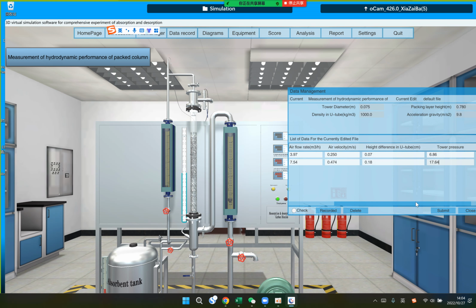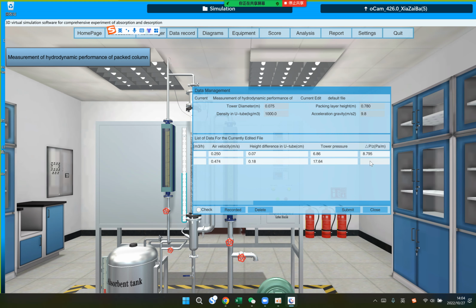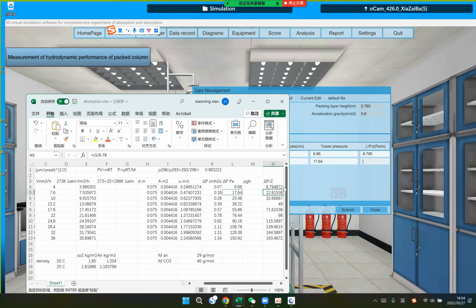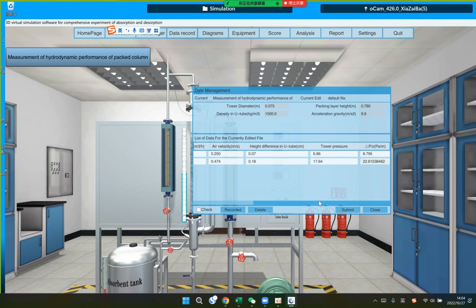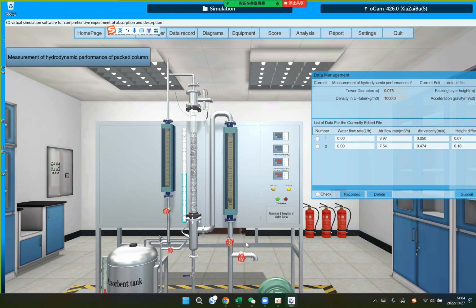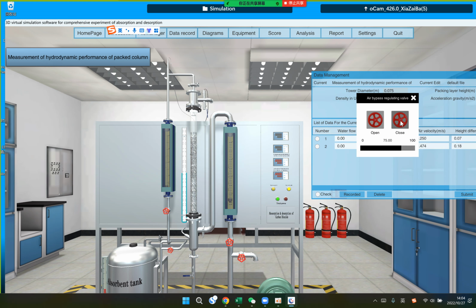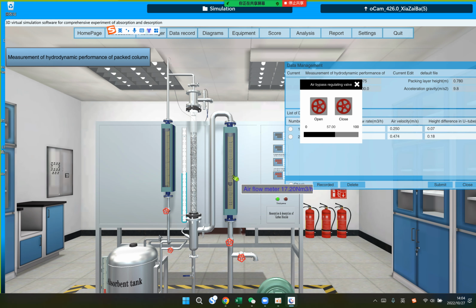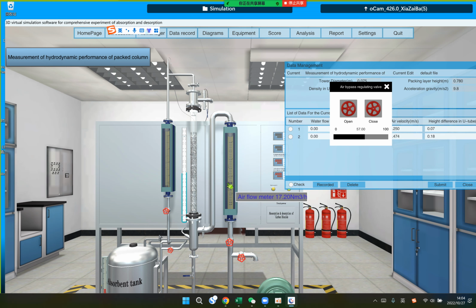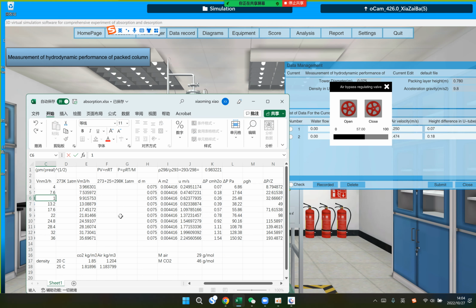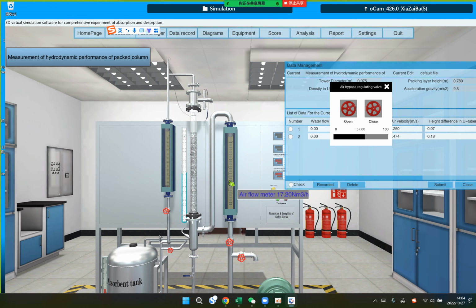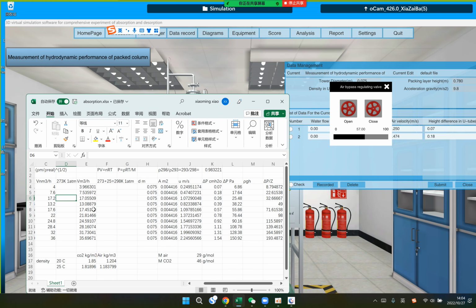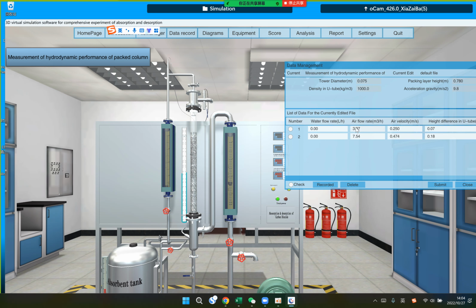So for this part, I'll do a full set of data, but for you, you have to do at least 10 sets of data. So continue to decrease the opening for the bypass, and the next one is 17.20.